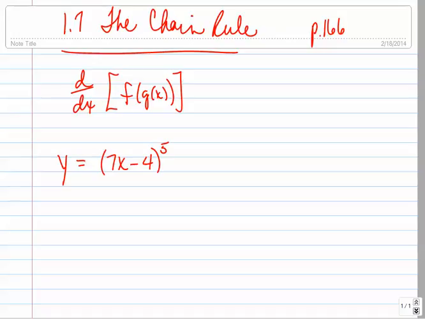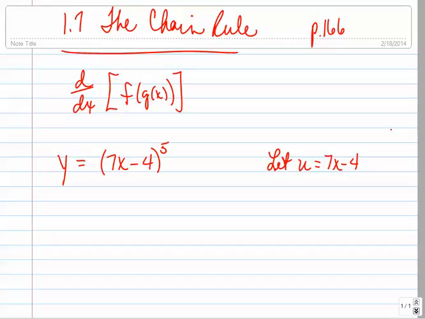So what I'm going to do is go over here to the side, and we're going to find the inside function, the 7x minus 4, that's the inside function. The exponent, or the power of 5, is your outside function. So I'm going to let the variable u equal the inside function, 7x minus 4.